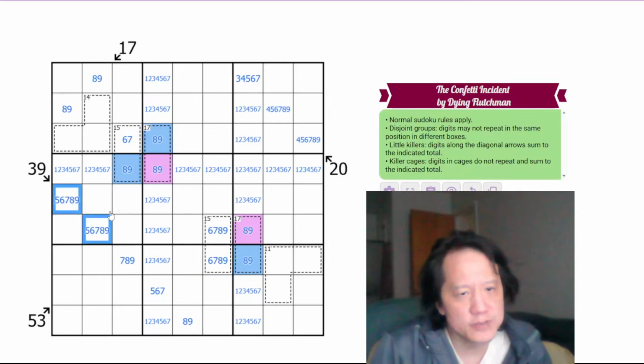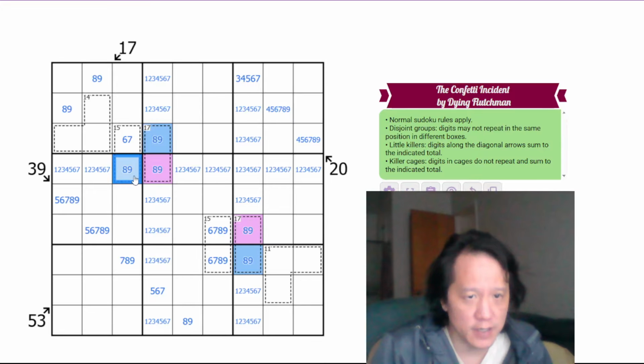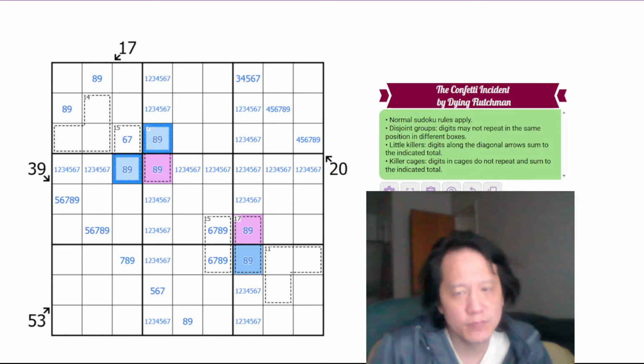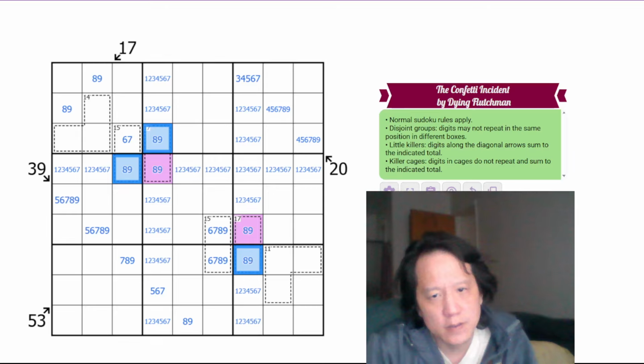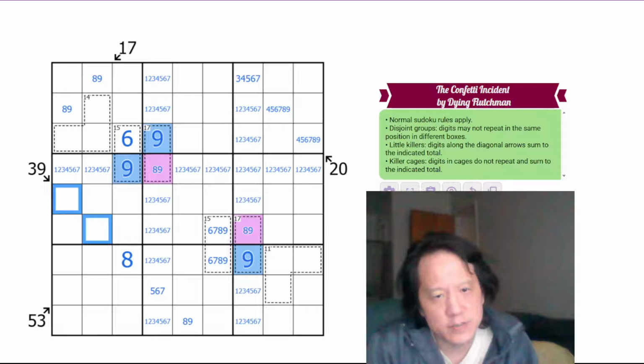Okay, what happens if we try to make this 9, blue 9, right? If that's the case, that means all the blues are 9. So this would be 6. This would have to be 7, 8 at most. This would be 8 at most. So this would be 7, 8 as a pair. And this would have to be 7 and 9.